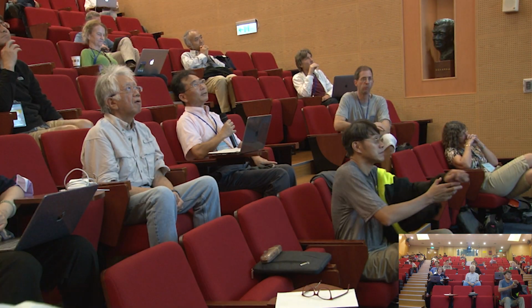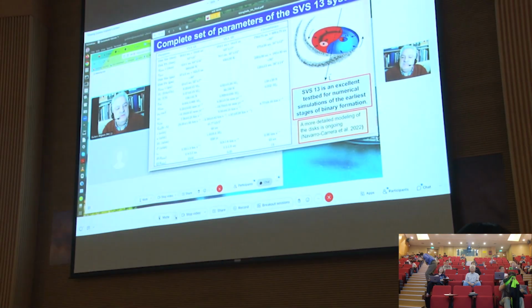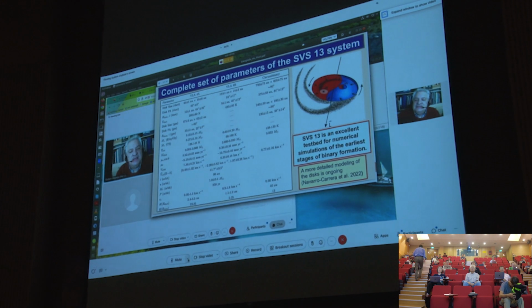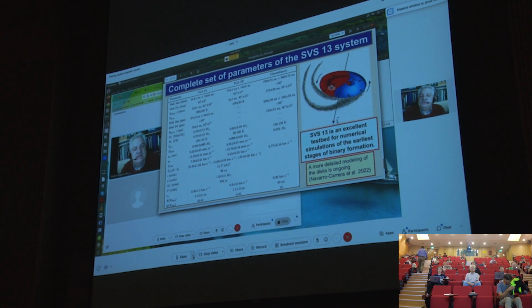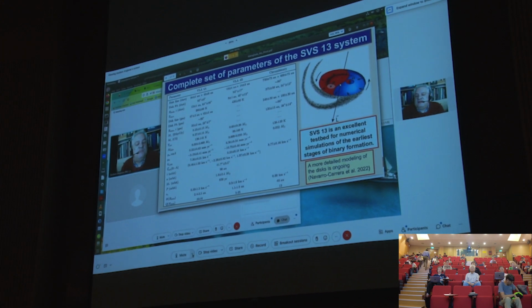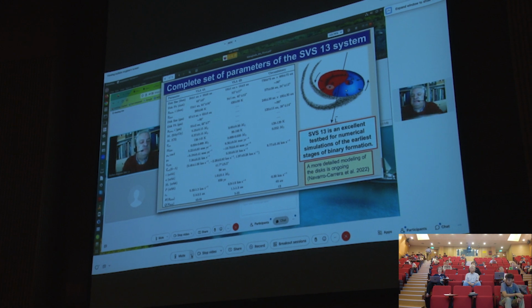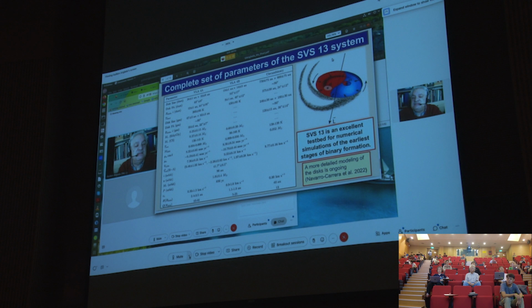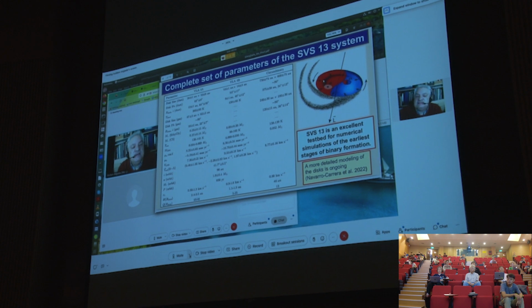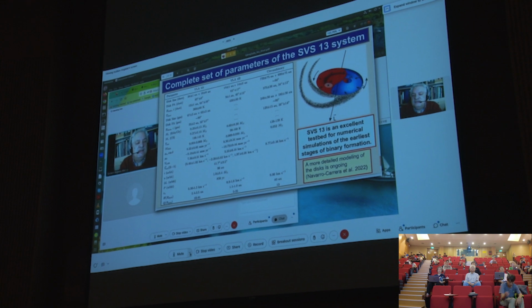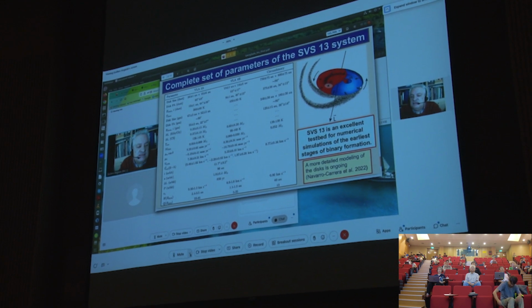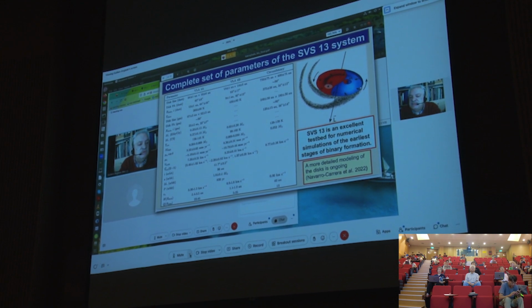Sorry, there is a rotation. Can you see my figure? Yes. If there is a rotation, we expect a velocity where one side is blueshifted and the other one is redshifted. It means that the eastern side is moving away from us, and the other side is moving toward us.